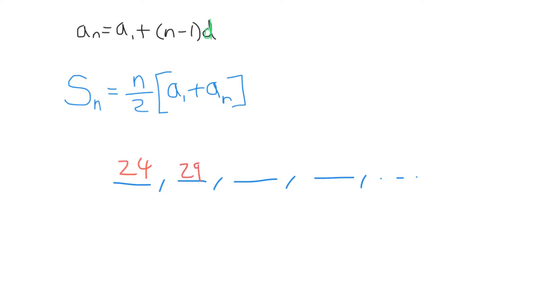Then 5 more calls puts him at 34, 5 more after that puts him at 39, and so on. As we can clearly see, the difference between each of these numbers is 5. It's plus 5, plus 5, plus 5. So we are most definitely dealing with an arithmetic sequence.